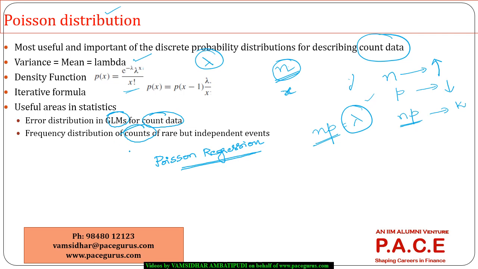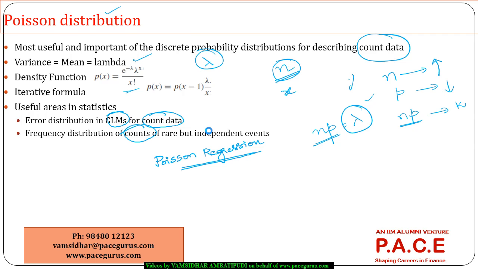So, the frequency distribution of counts of a very rare but independent event, I mean the probability of occurrence is very small, but there are n number of such trials which I am performing. Then if I have to model the success, instead of using a binomial distribution, I can use the limiting case of binomial distribution, which is the Poisson distribution itself.